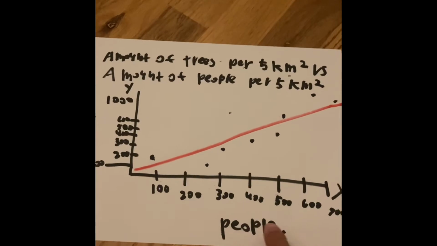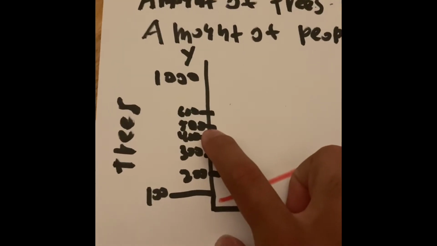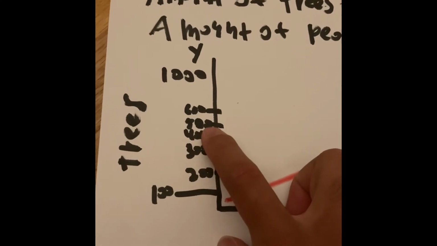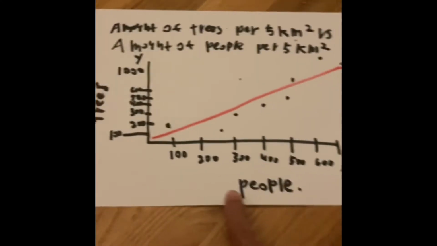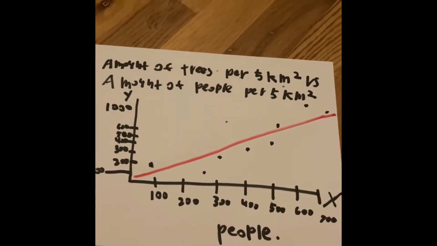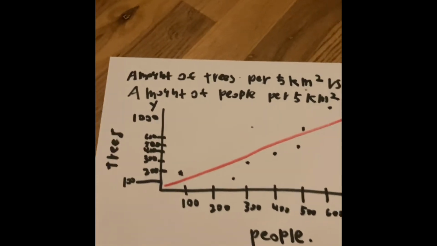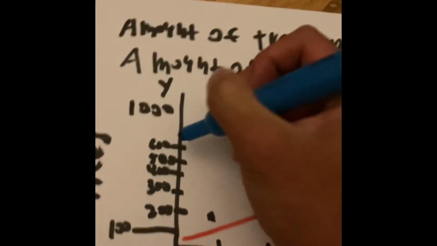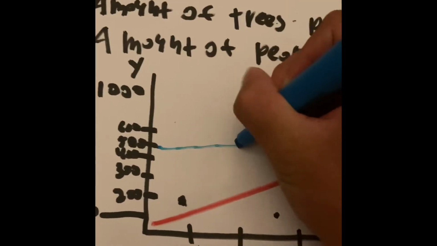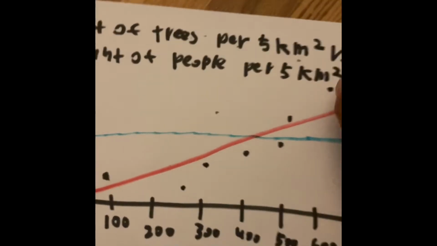Here's an example. If you have 500 trees right here, how many people do you think would be in the same given area? Well, what we could do is draw a line from 500 right here. Yes, a straight line, and see where it would intersect.